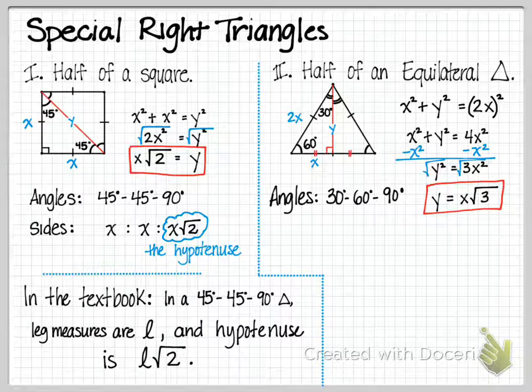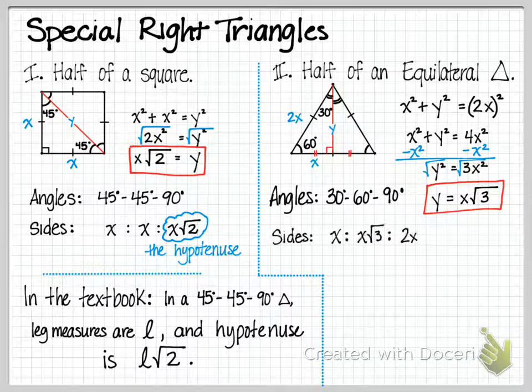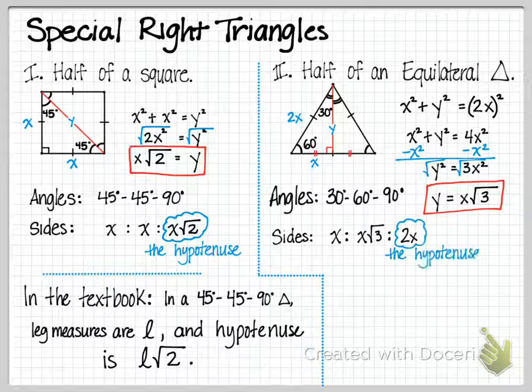So in that special right triangle, we have angles of 30, 60, and 90 degrees. And the sides have a ratio of x for the shortest side, x root 3 for that third side that we found, and 2x for the hypotenuse. And that's really important, that the 2x is the longest side and it's the hypotenuse.